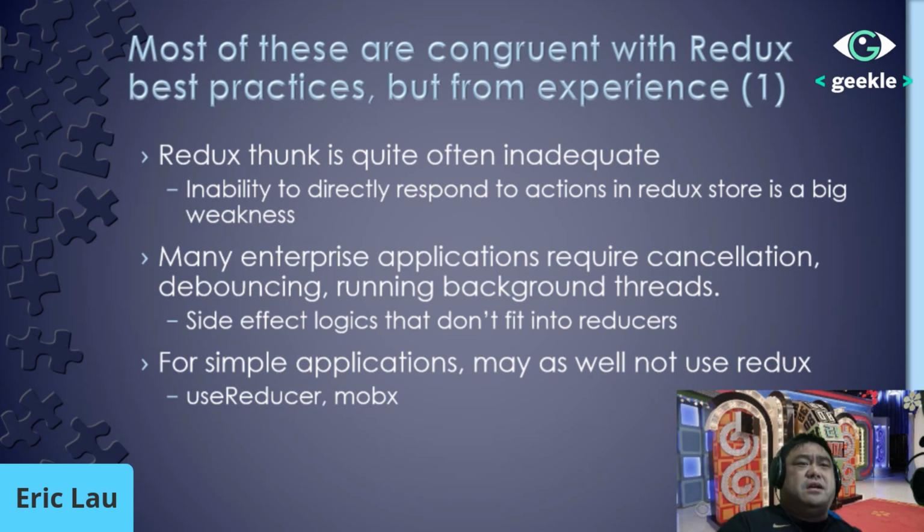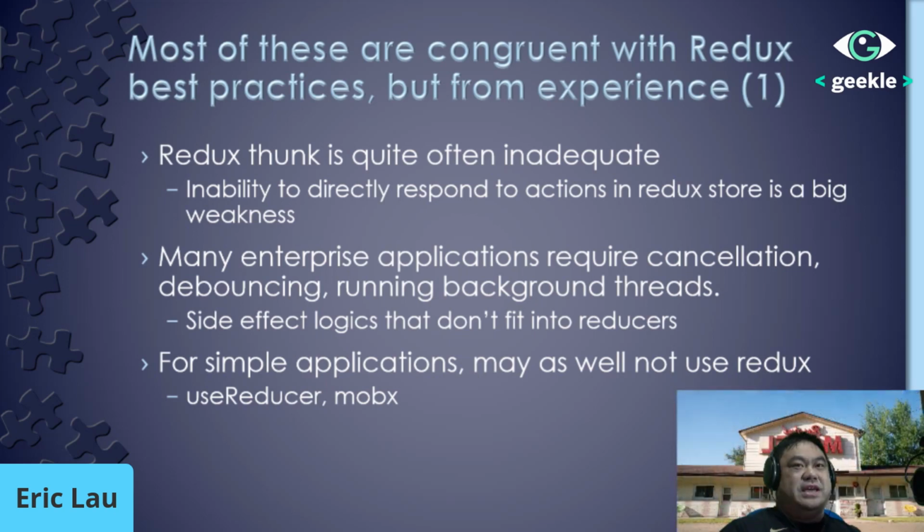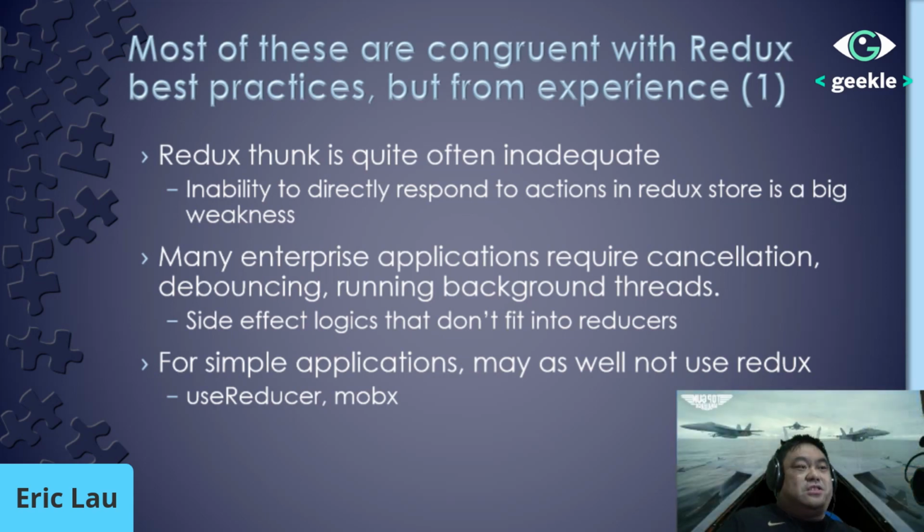But the thing that really steers me away from Redux Thunk is that one of the big advantages of event sourcing is that with the event source itself, you can listen to actions and do things with them, right? That's one of the most powerful things about an event sourcing system. And yet Redux Thunk does not allow you to directly respond to actions. And that to me is a deal breaker.